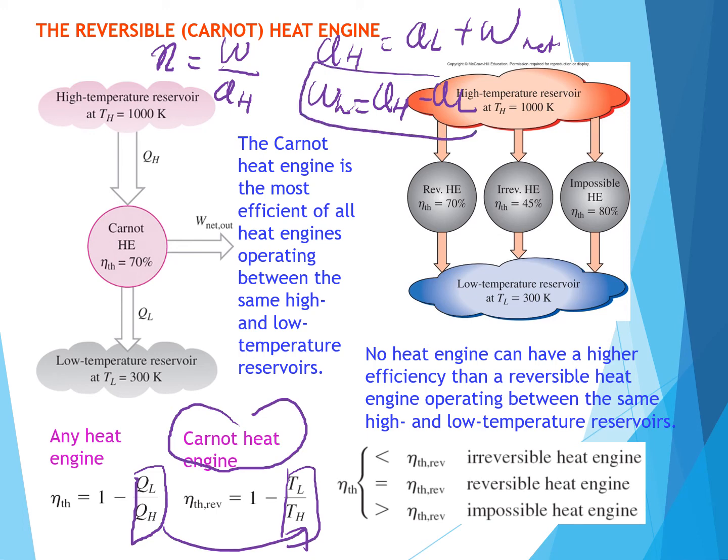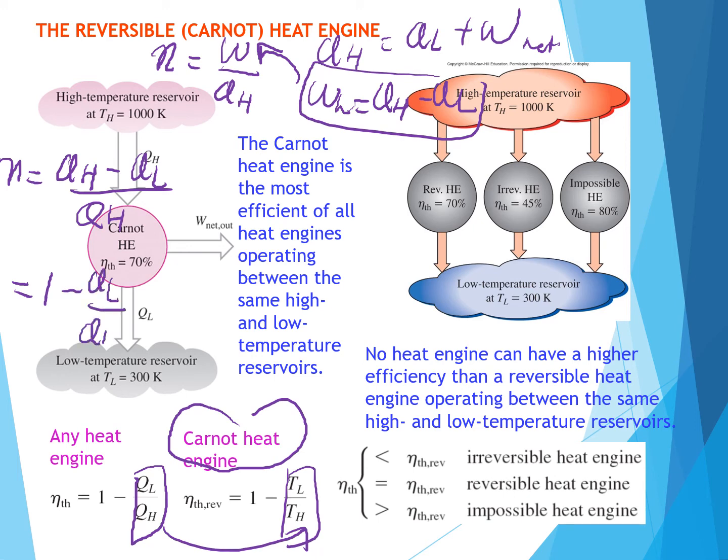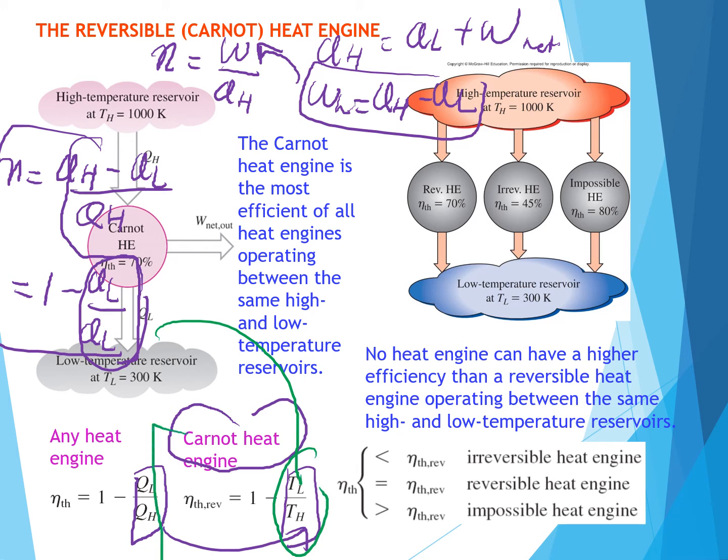Substituting this equation in, we get efficiency equal to QH minus QL over QH, which can also be written as 1 minus QL over QH. This is for any heat engine, but for a reversible or perfect heat engine, we can substitute this ratio with the ratio of temperature. So we have a new expression for the Carnot heat engine.